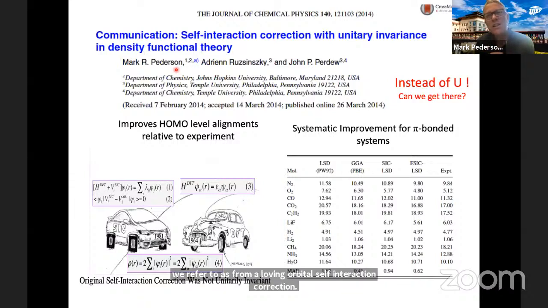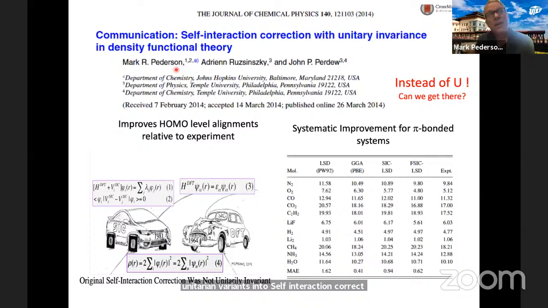Very briefly, it's a way of putting unitary invariance into self-interaction correction in a very similar way, as a solution to the same problem that existed in the Hubbard-U methodology at the time that Anisimov solved that and made a rotationally invariant Hubbard-U. So I think this is a non-empirical approach to self-interaction corrections that might be useful in a variety of fields in the future.